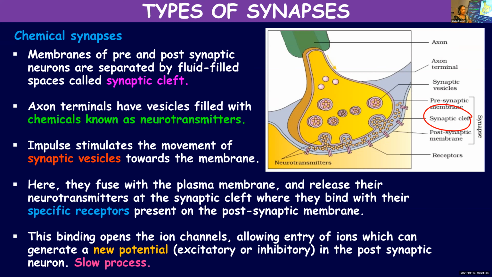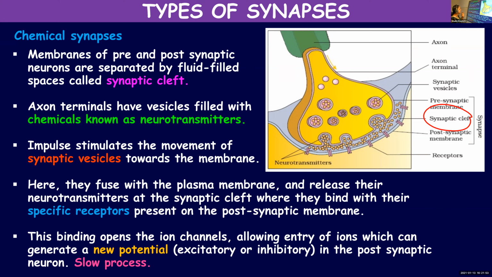It is a fluid filled space. Where do you find the synaptic cleft? In chemical synapses, in between the post and presynaptic neuron, you will find a fluid-filled space known as the synaptic cleft. Hope you have understood.